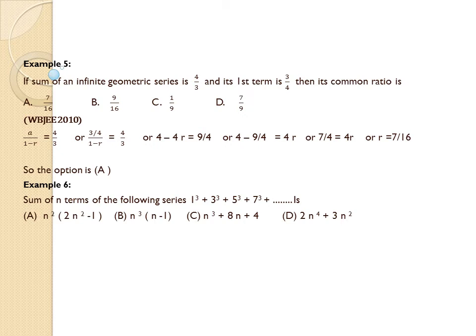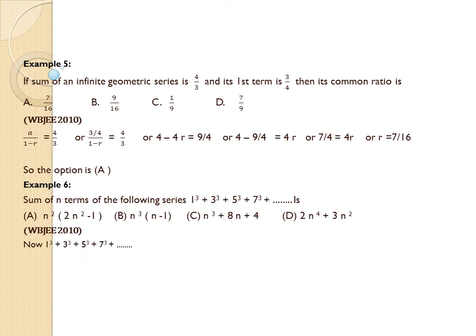Okay, so here in this case what I will do, I will try to write the common terms with the sigma notation for this particular series. This has come in the year WBJEE 2010.